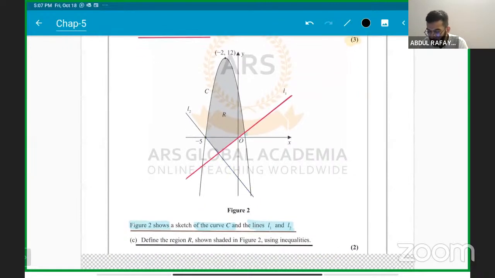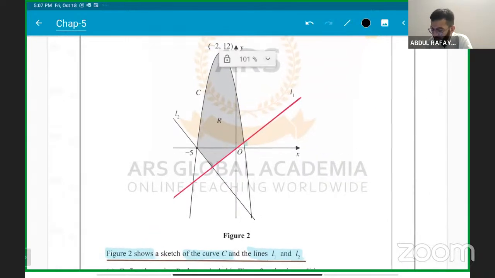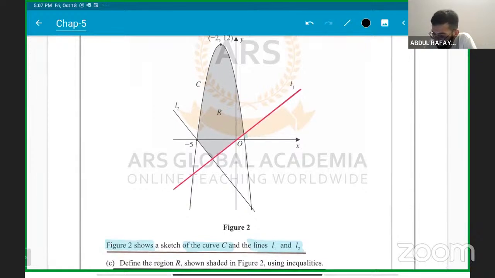Very simple it is. Let's start one by one. Always remember the approach, students. What should be the approach for these types of questions? You have to take it one by one. So let's talk about line L1 first. As you can see, the red line is line L1, and the shaded part is above that, right?